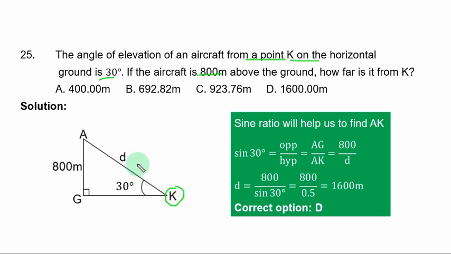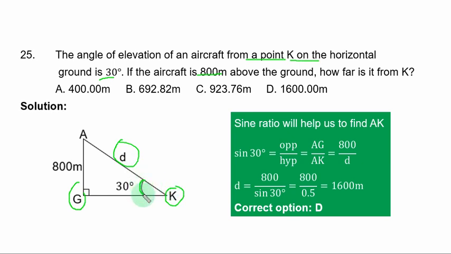Now the distance of the aircraft from the ground level is 800 meters. So this is the ground level. You are asked to find how far the aircraft is from K. So this is the distance you are asked to look for. The angle of elevation from K is 30 degrees.